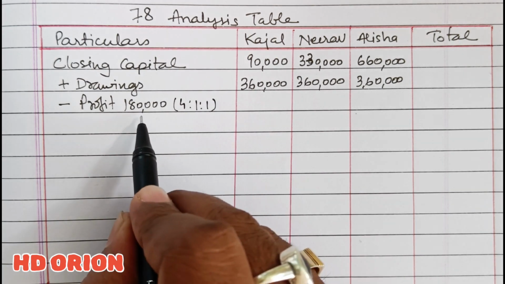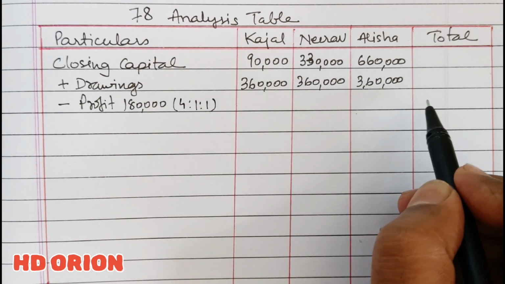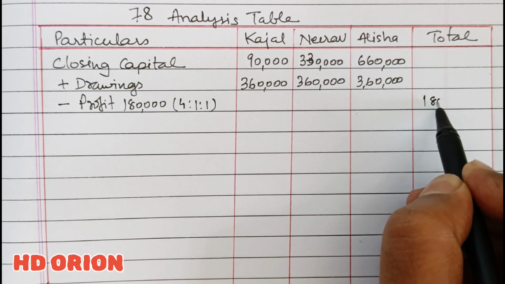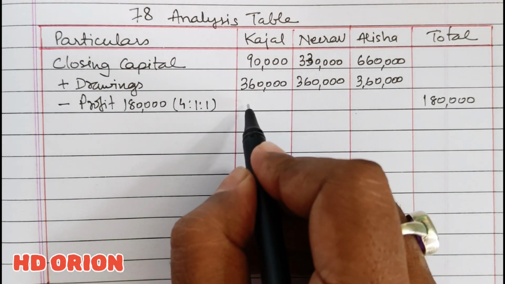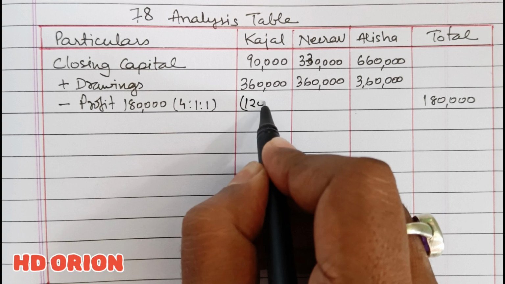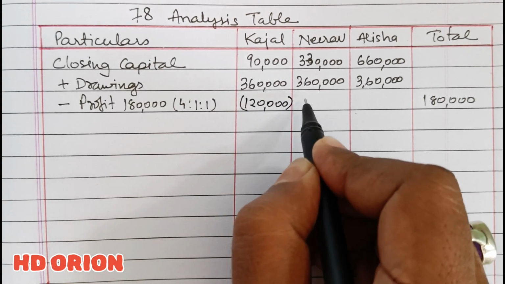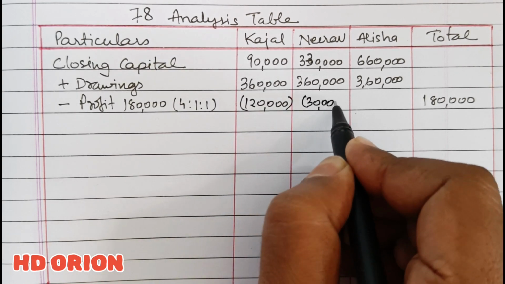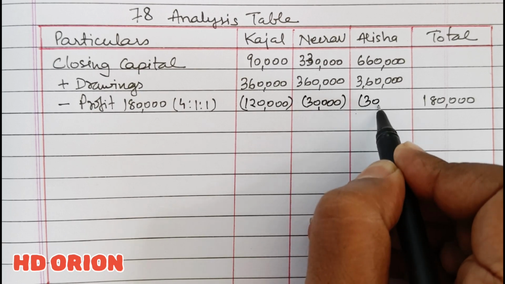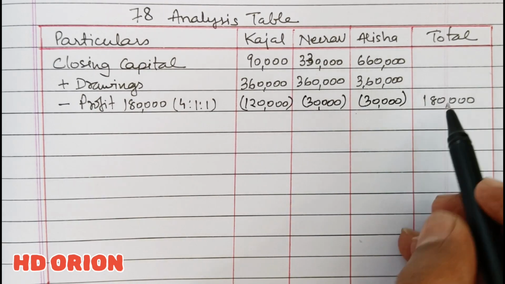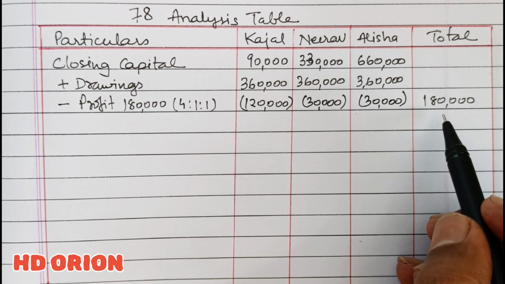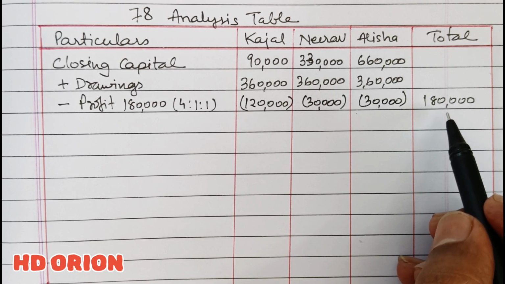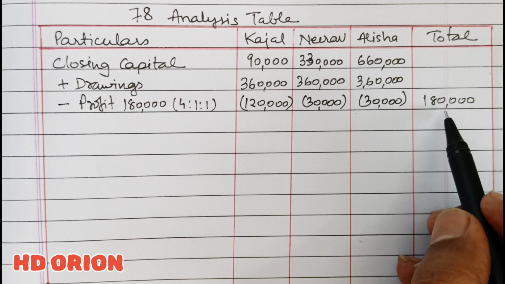So when you break 1,80,000 in 4:1:1, it is 1,20,000, then 30,000 and again 30,000. Now this 1,80,000 is the remaining profit. It is distributable profit or final divisible profit to the partners.